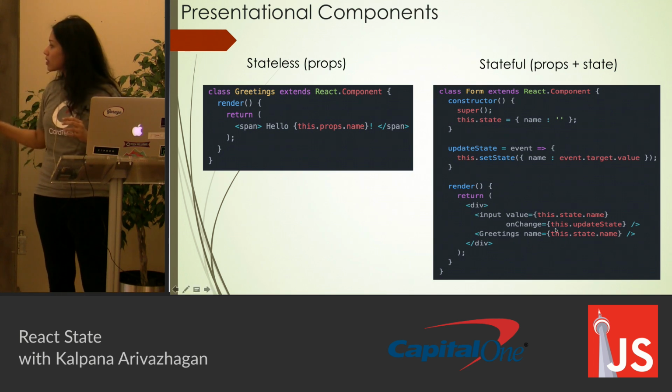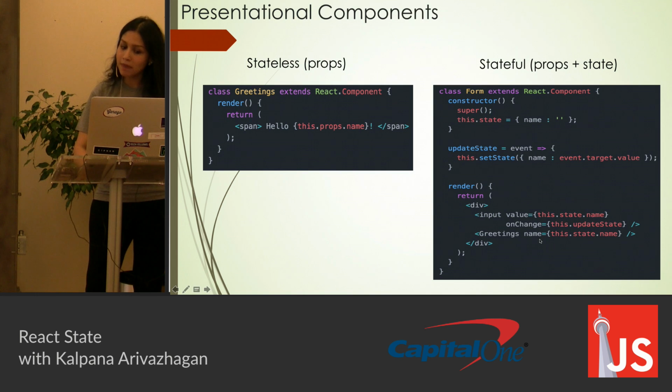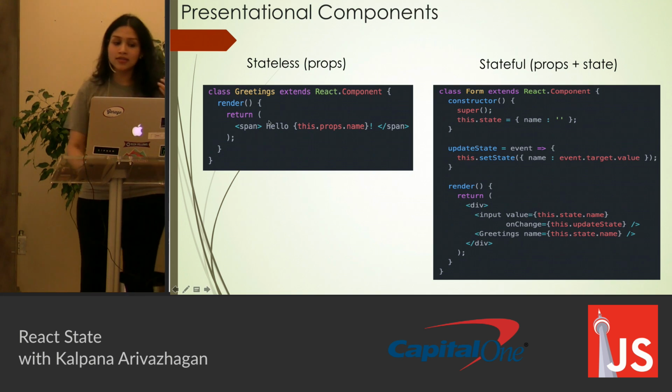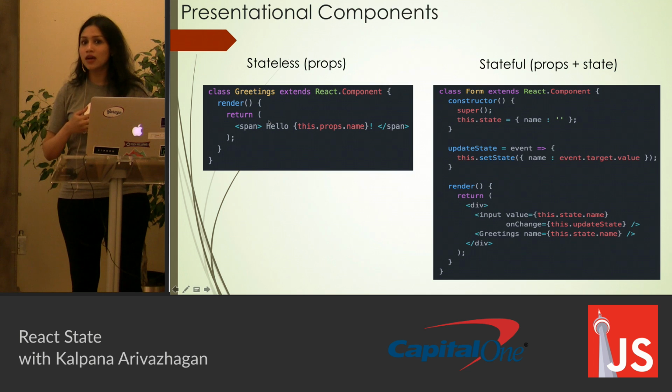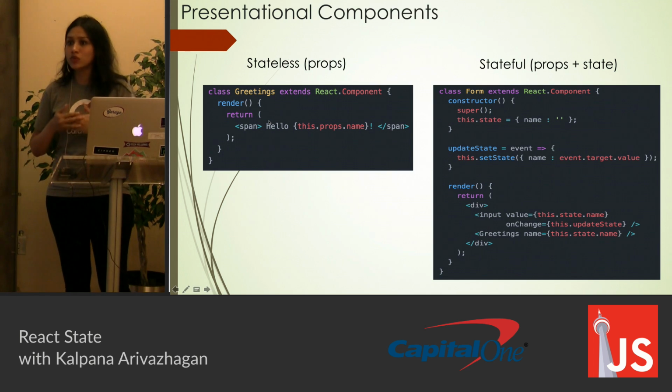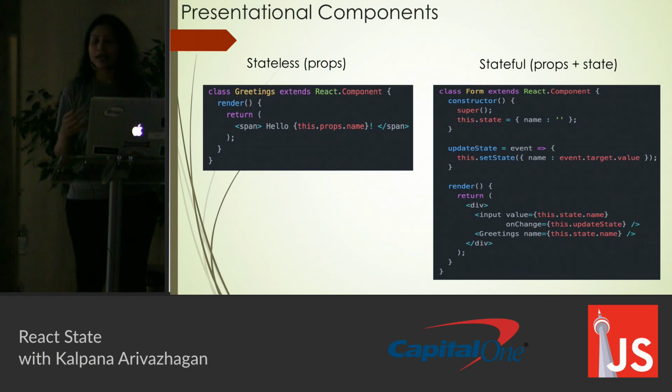Here we are passing that name property, and the value is our state value. This is how the latest value from the parent is passed down to the greetings component. Since greetings uses that in its render function, it knows that it has to re-render itself. Re-rendering, I keep saying that, so what does it mean? It means that we have to refresh the component and show the latest content onto the UI.